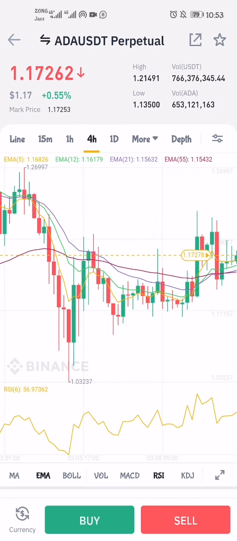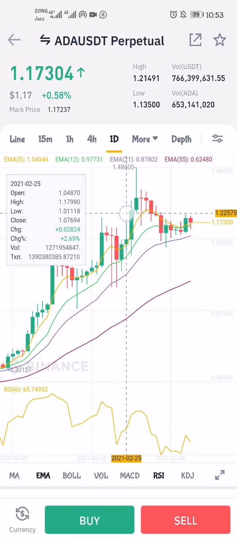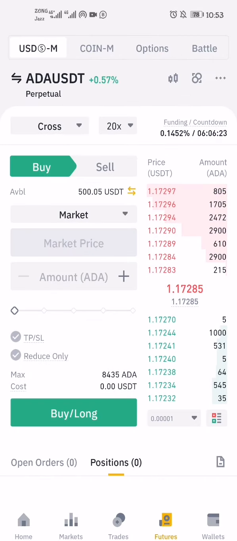There's some resistance at this level, first here, then here. So once this resistance breaks out, the ADA coin will pump in the upward direction. So for that, you have to take entry at the particular point. There is no cleverness in buying the dip before the entry point. In futures, you will lose more.